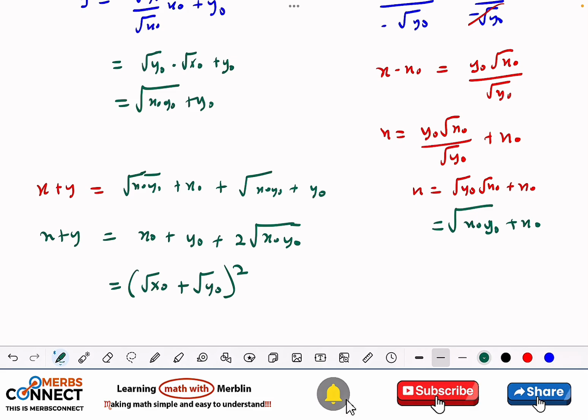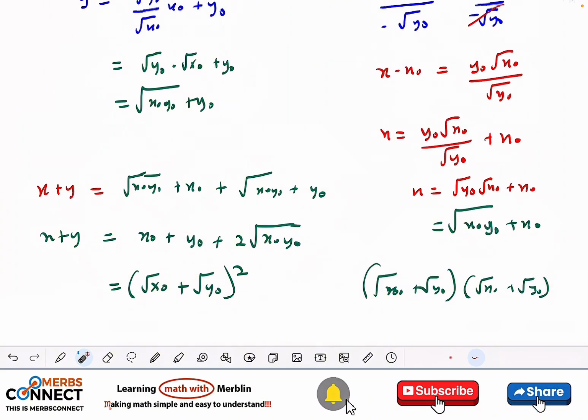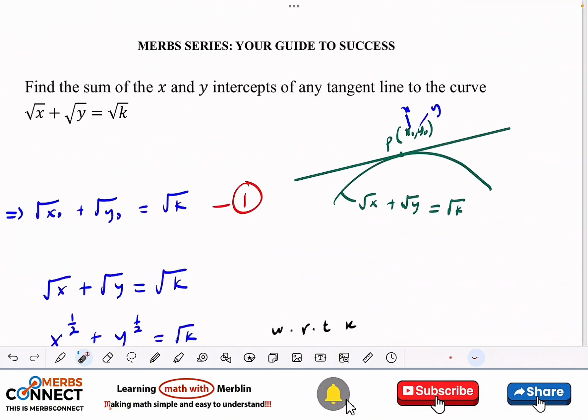Yes, this is very true, because if I have root of x naught plus root of y naught times root of x naught plus root of y naught, then when I multiply root of x naught by root of x naught, I'll have x naught. Then this times this and this times this is going to give us this. And the root of y naught times root of y naught is going to give us this. Indeed, this is true.